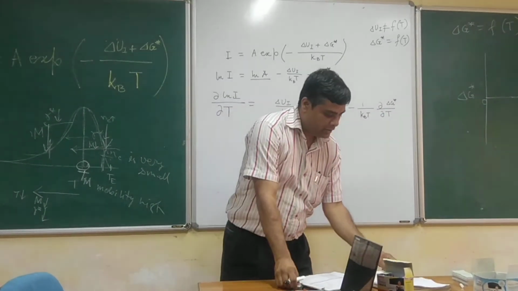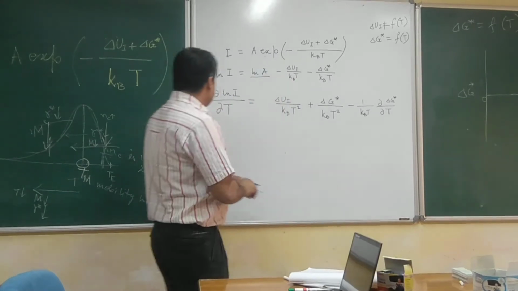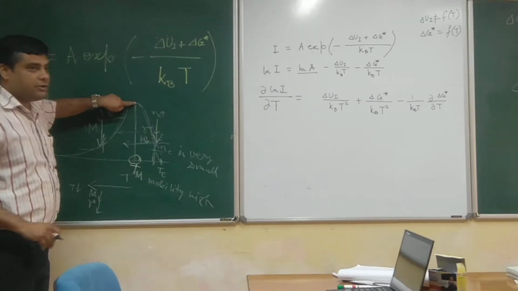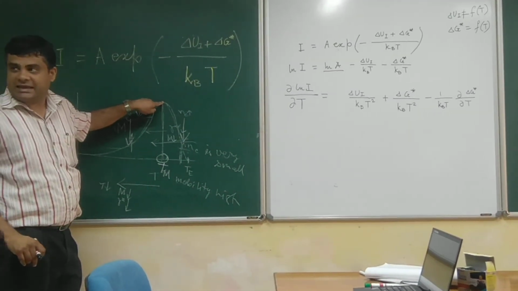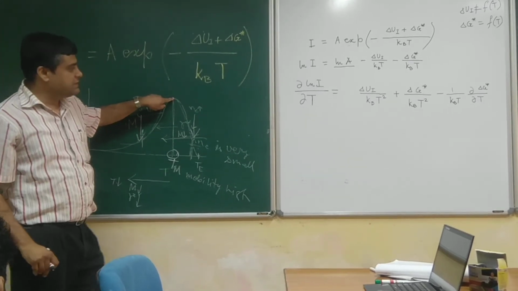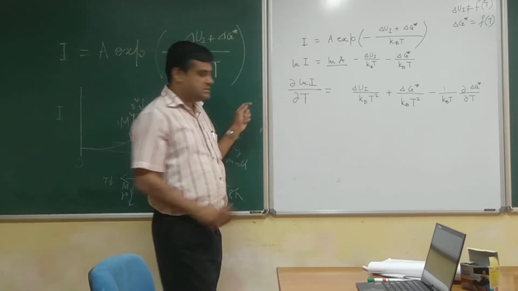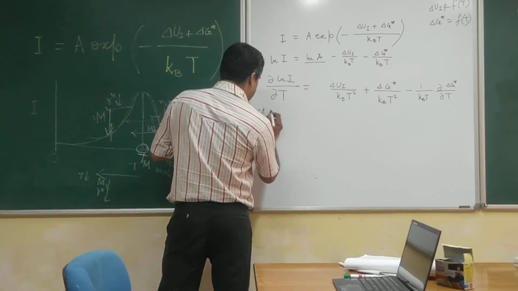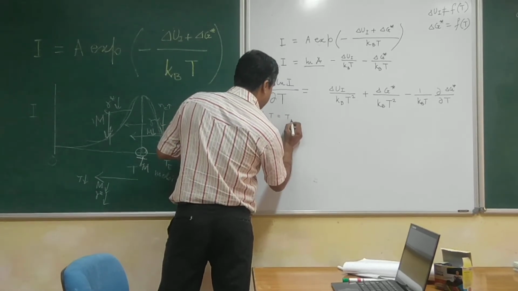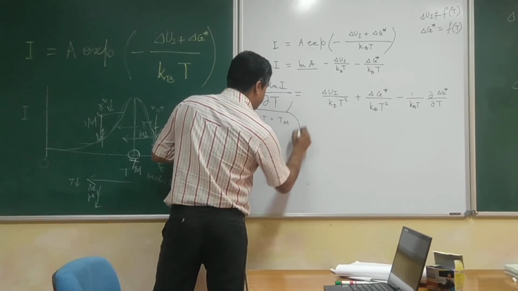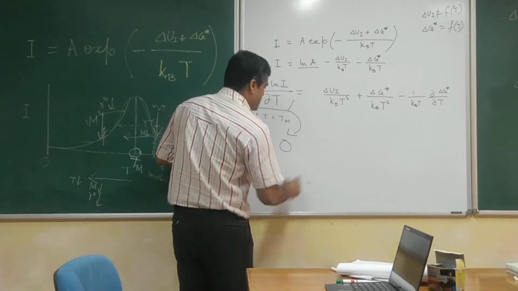At T equal to Tm, your I is maximum. That means ln I is maximum. So del ln I by del T will be 0 at T equal to Tm. At T equal to Tm, this term becomes 0.